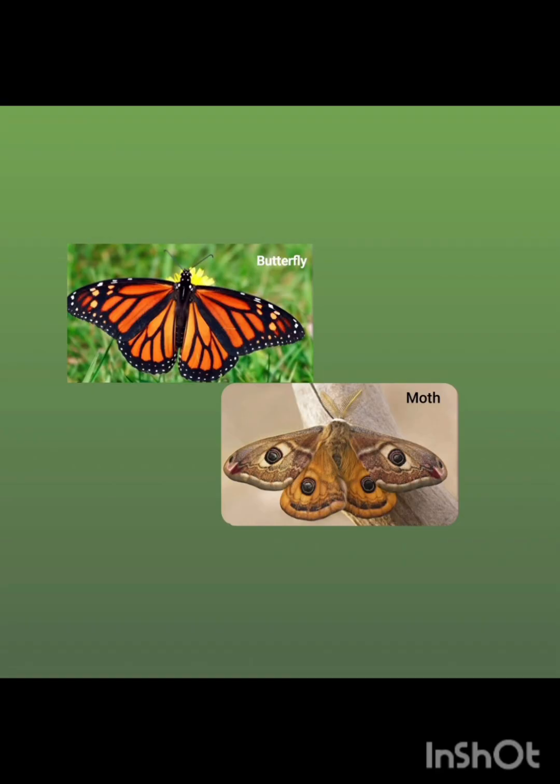Butterflies and moths have coiled mouth parts called a proboscis that unwinds into a straight tube when feeding. The proboscis probes to the base of the flower to suck up liquid nectar.